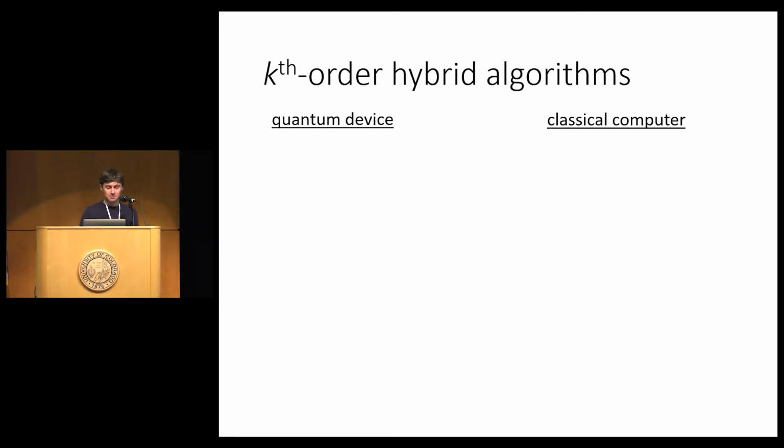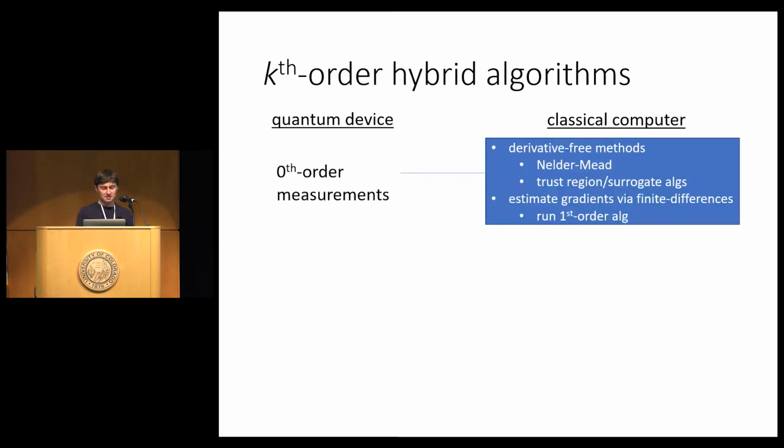Okay, so now I'll define what I mean by a kth order hybrid algorithm. In the 0th order case, the quantum device just takes 0th order measurements, and then the classical computer does either some derivative-free optimization algorithm using these estimates of the objective function, or it could estimate the gradients of the objective function using the objective function estimates, and then it could run some derivative-based optimization.